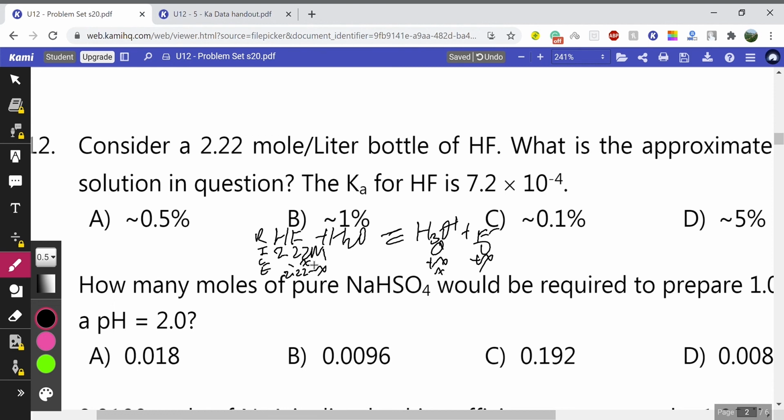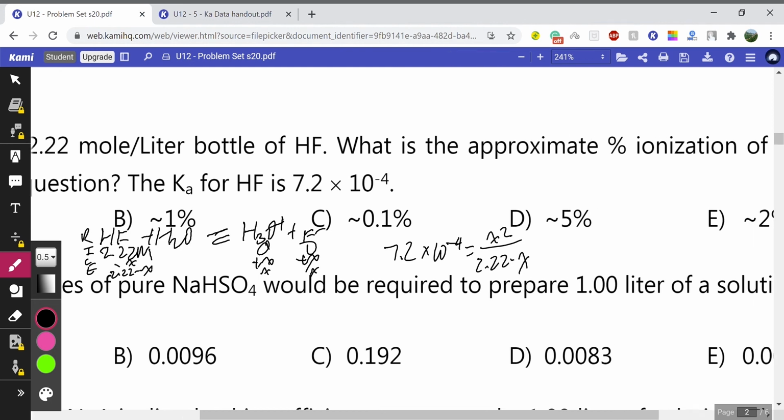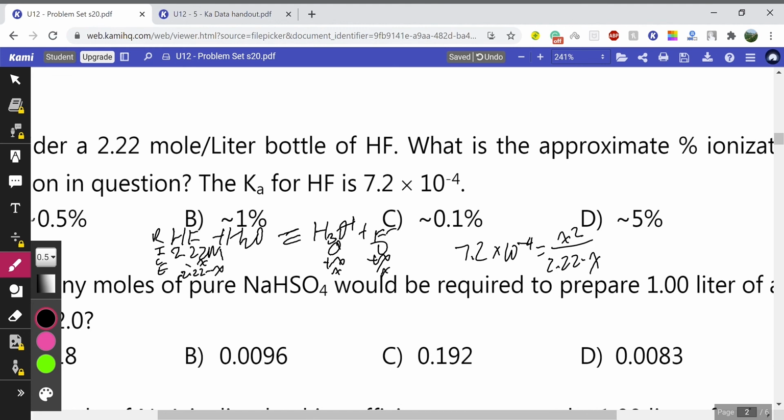It's going to be X at equilibrium, and I told you the K, the equilibrium expression is going to be 7.2 times 10 to the negative 4th is equal to X squared divided by 2.22 minus X. Now we can plug in to find X, the concentration of F minus: X squared divided by 2.22 minus X minus 7.2 e to the negative 4th.